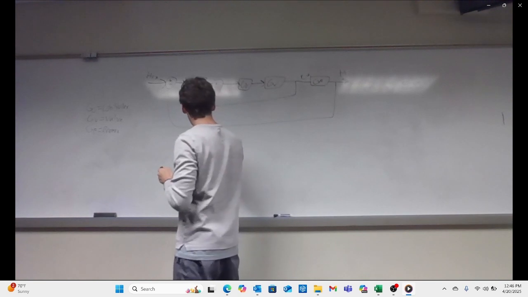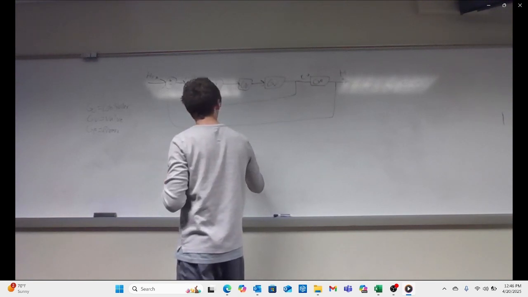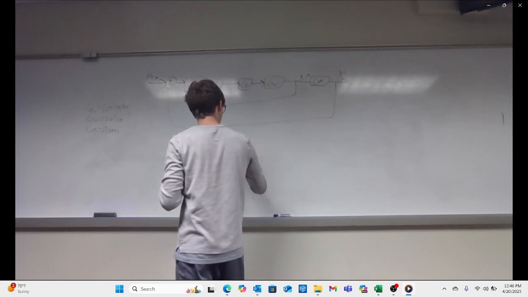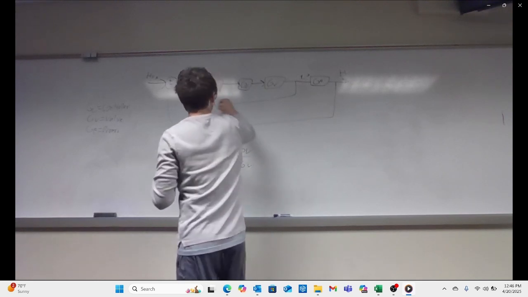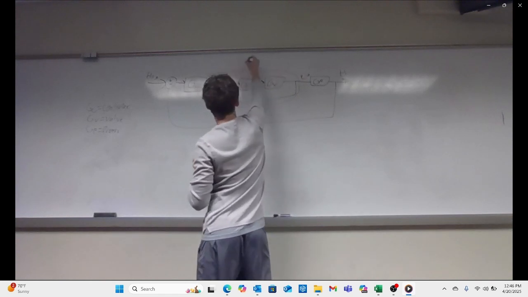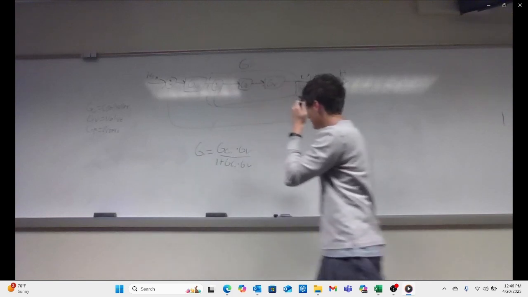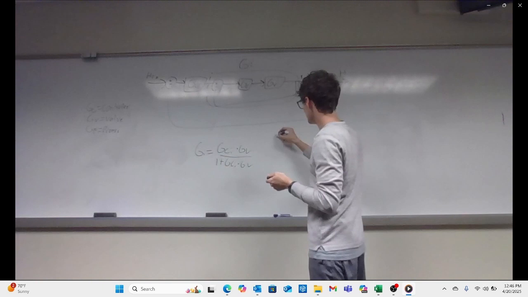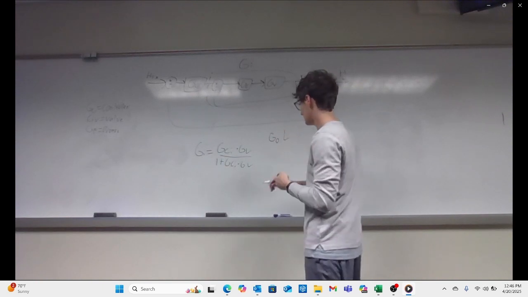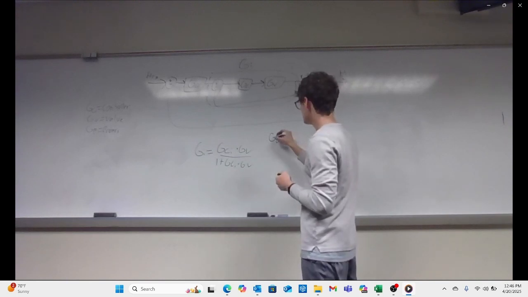This problem was to draw a block diagram and then find the controller gain, which we will be doing in the code after this. First I'm breaking it down into simpler blocks, like what we did in 5A, where we just said everything is G. So we have our G inner, which is our GCI, the inner controller, multiplied by GV, the transfer function of the valve.